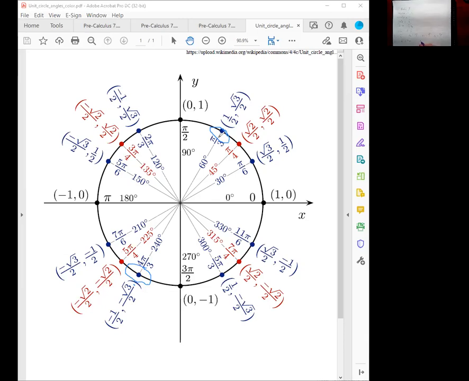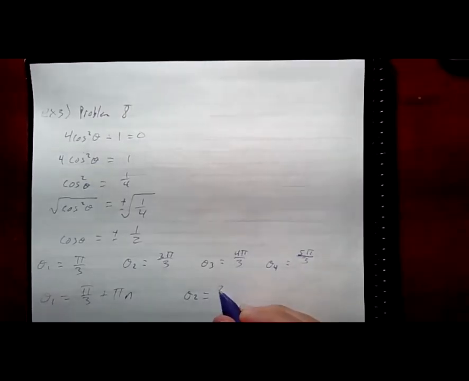And then the other one is going to be 2 pi thirds plus pi n to get this one. So 2 pi thirds plus pi n should get me both sets of answers. Are there any questions on that?